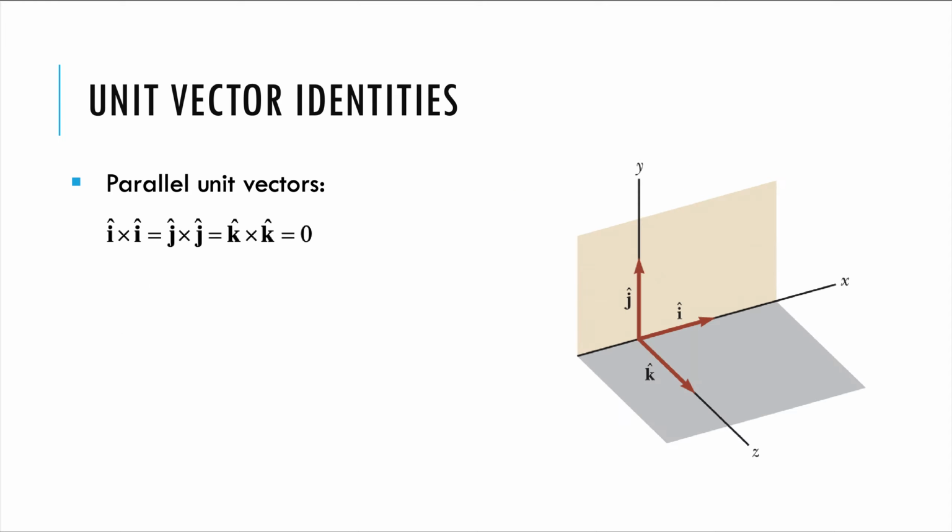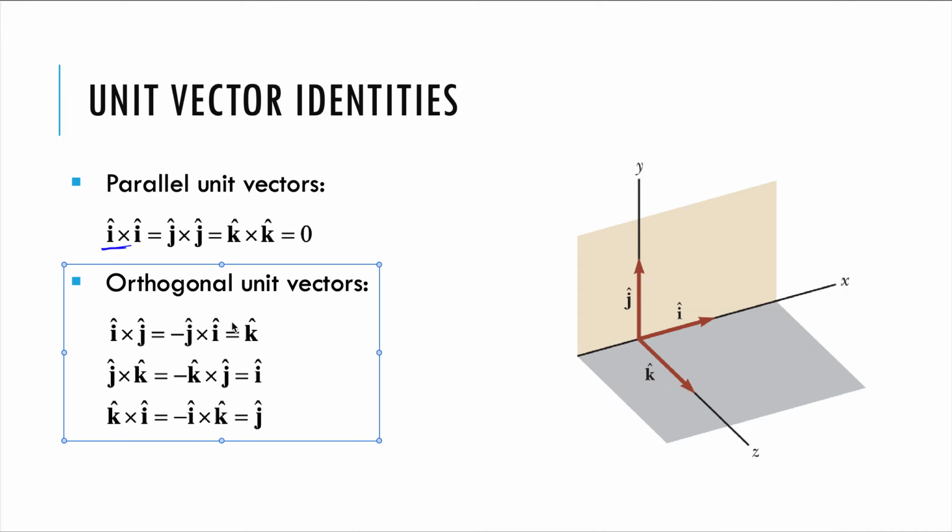So if we extend this to the unit vectors, if we cross parallel unit vectors such as I cross I or J cross J or K cross K, we get 0 when we cross a unit vector with itself. But if we cross orthogonal unit vectors, then we get the following identities.